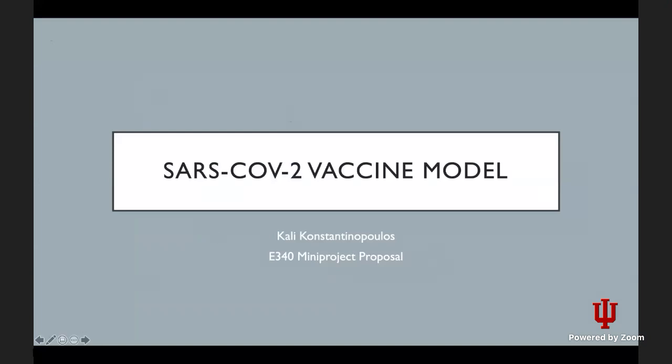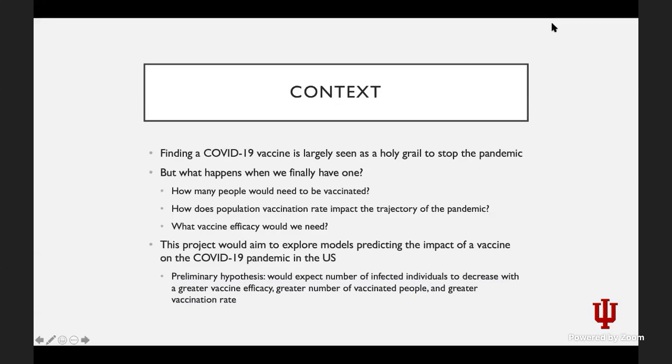So the main idea that I had was to explore a vaccine model for the COVID-19 pandemic. We've all been hearing in the news that finding a vaccine for COVID is seen as this holy grail to stop the pandemic, but it's hard to tell what will actually happen when we have one.